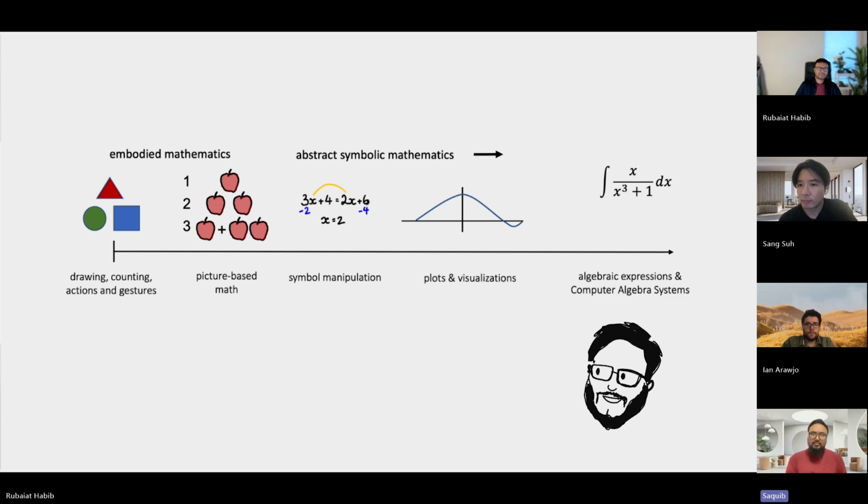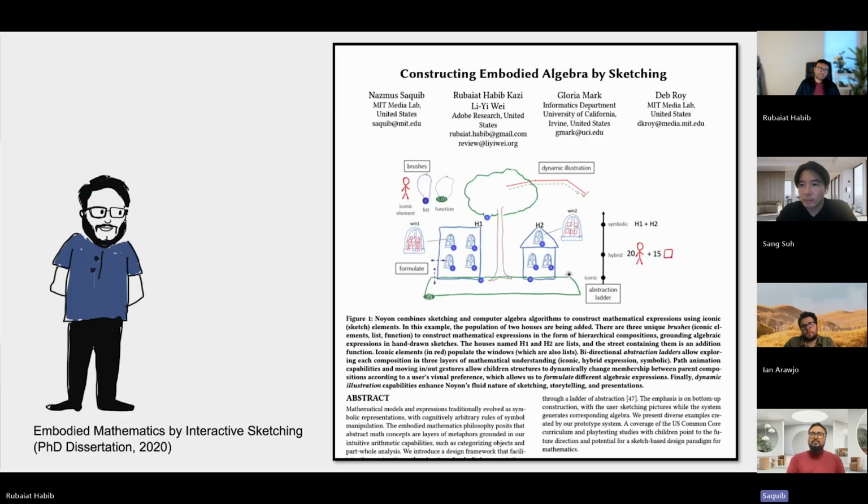So this particular work takes the very first leap into what I showed in the last diagram, where there is a spectrum from picture-based or embodied math to abstract mathematics. It takes the first leap into connecting those two and moving between these two worlds seamlessly.